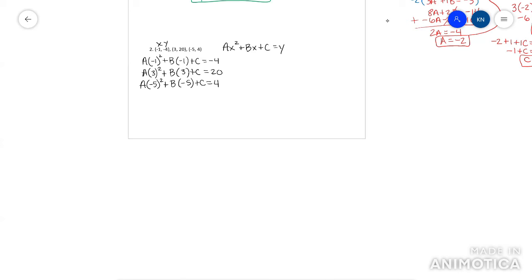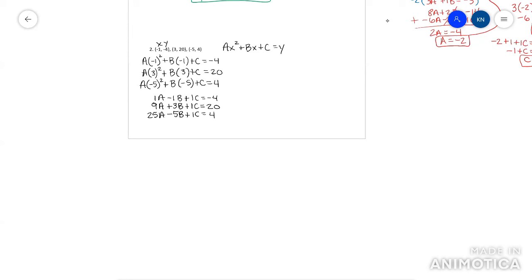Simplify this a little bit by doing all the squares. Okay.